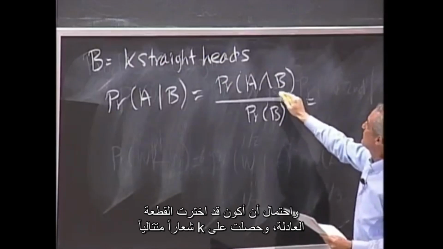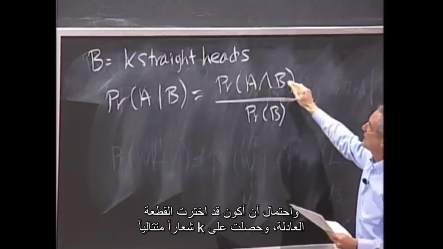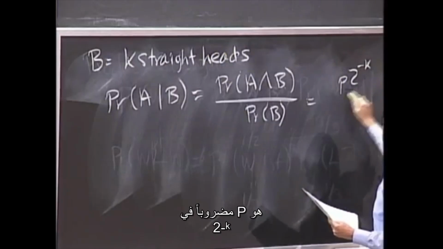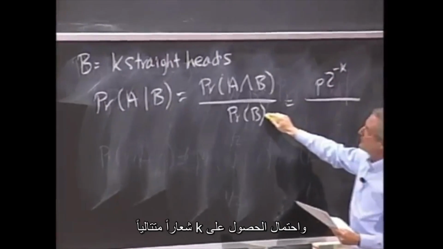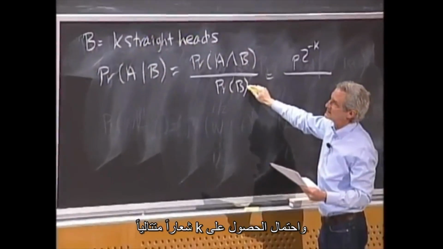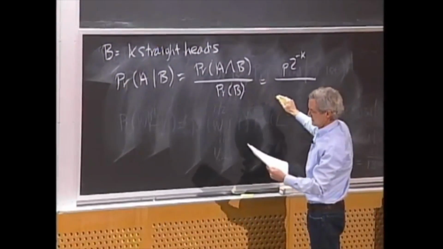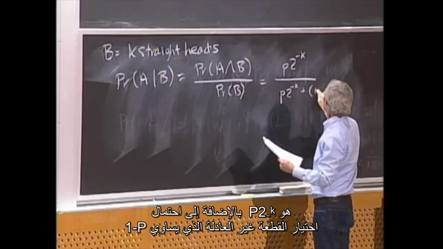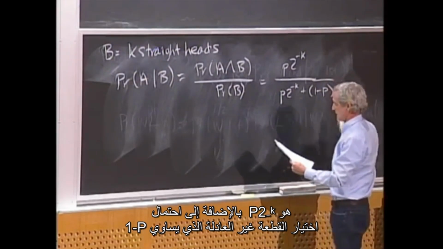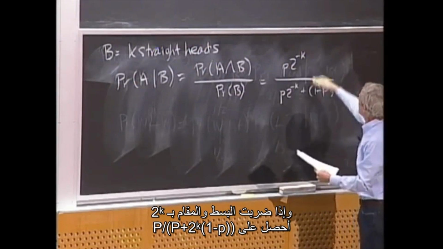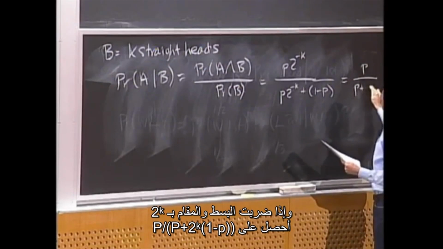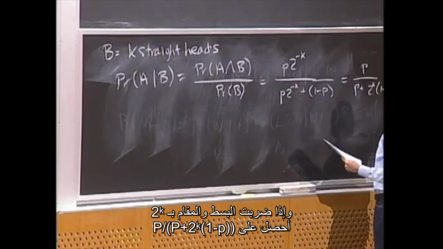The probability now that I picked the fair coin and got K straight heads is just P times 2 to the minus K. The probability that I got K straight heads is P times 2 to the minus K plus the chance I picked the unfair coin, which is 1 minus P. And if I multiply top and bottom by 2 to the K, I get P over P plus 2 to the K times 1 minus P.